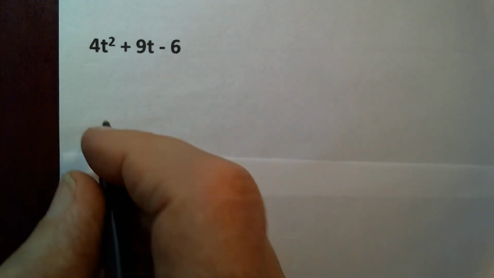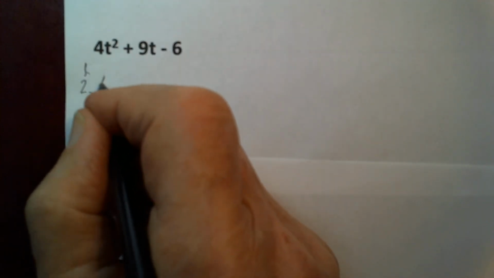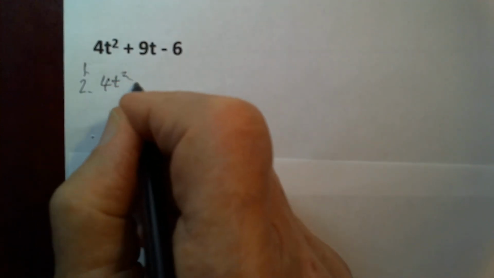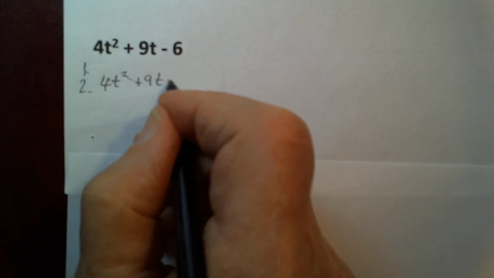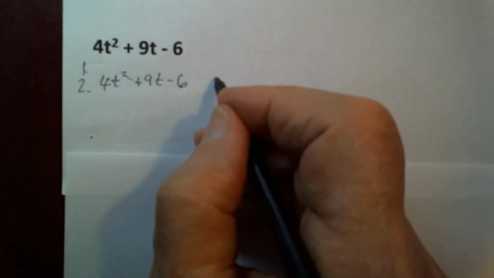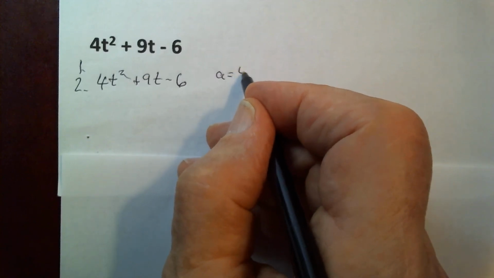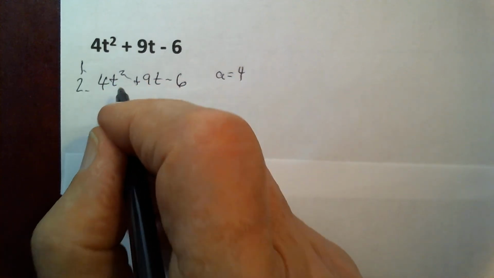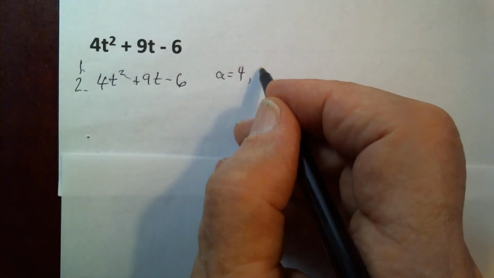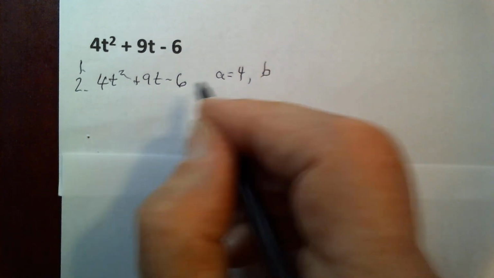Here's the last example, and I brought that in for a particular reason. So step 1 is there's no greatest common factor to factor out. Step 2 is we have 4t squared plus 9t minus 6. So we identify a as equal to 4, the coefficient of the t squared, and b would be the coefficient of t, which is 9.